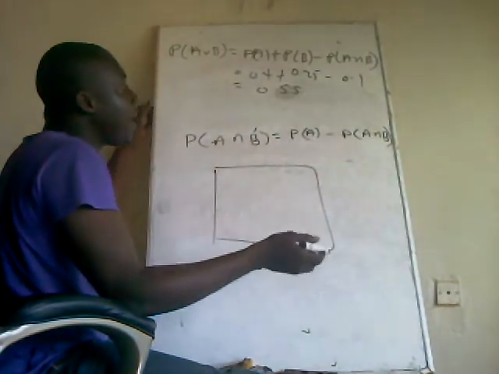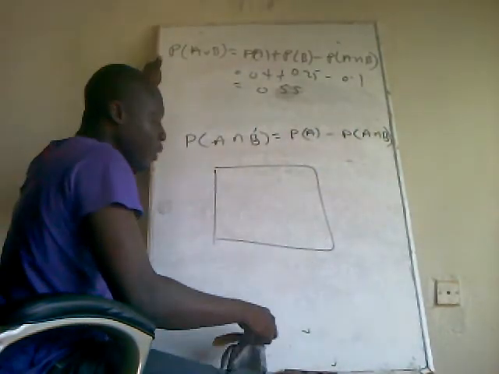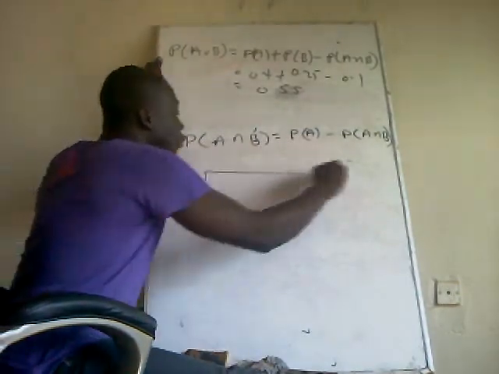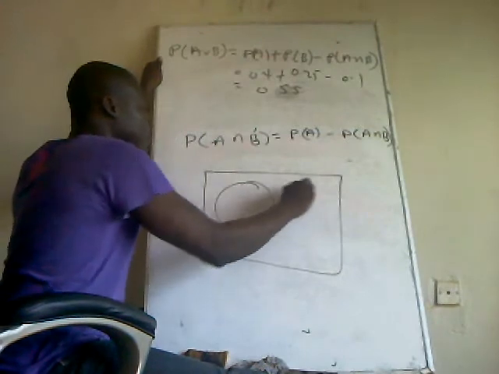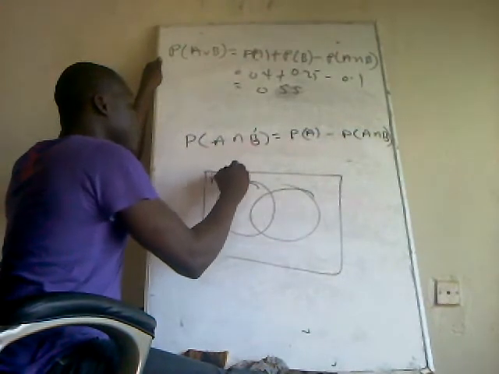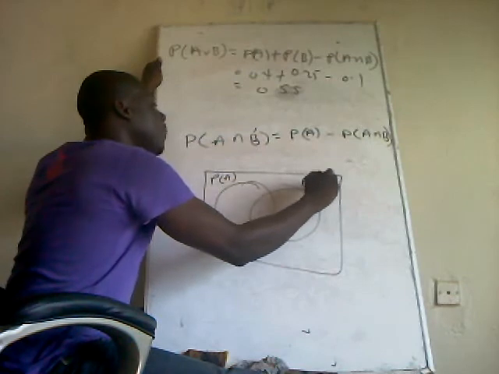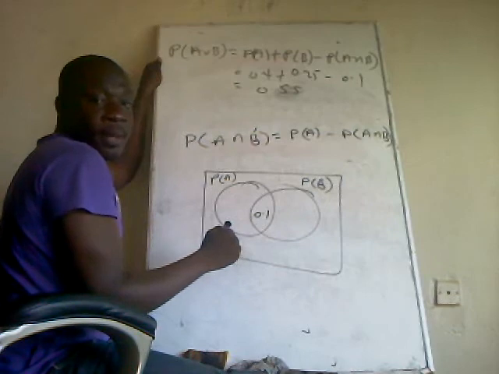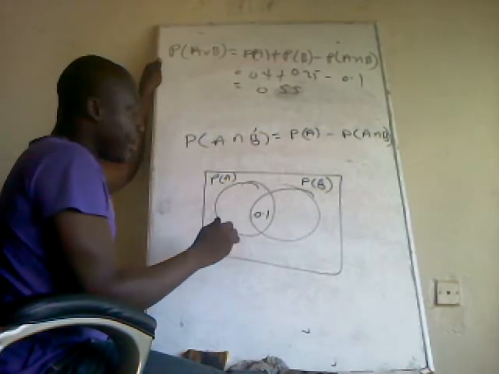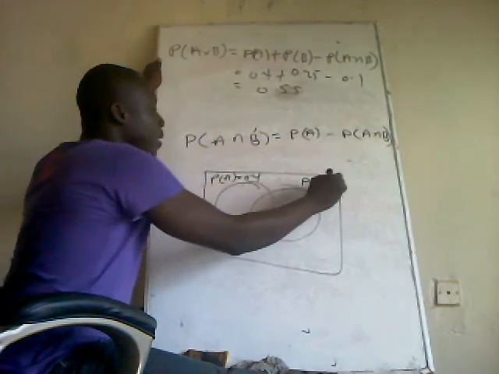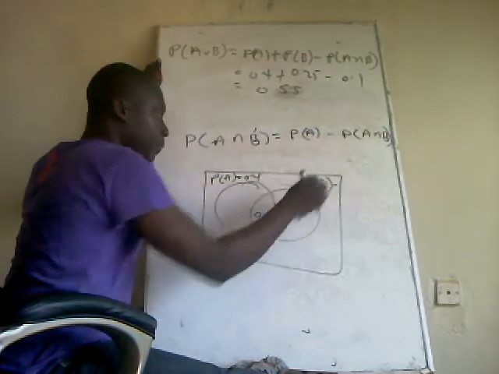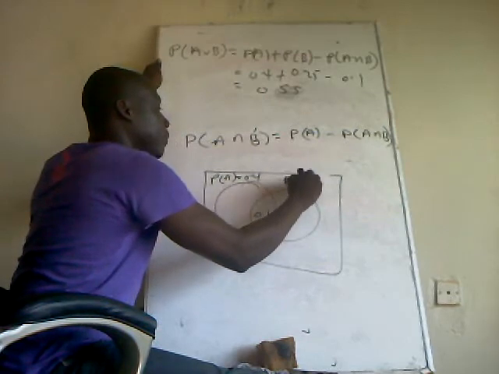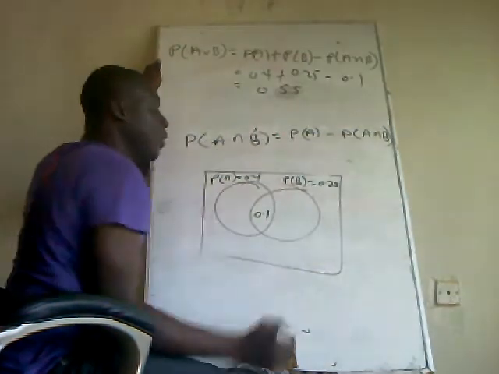Now, this one, you can even do a Venn diagram for it. We don't even have to bother, we can just do a Venn diagram and we can see this thing clearly. If I want to do a Venn diagram, P of A, P of B, here was 0.1, and A was 0.4, and this was 0.25.